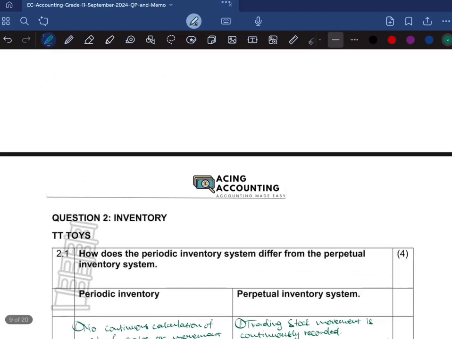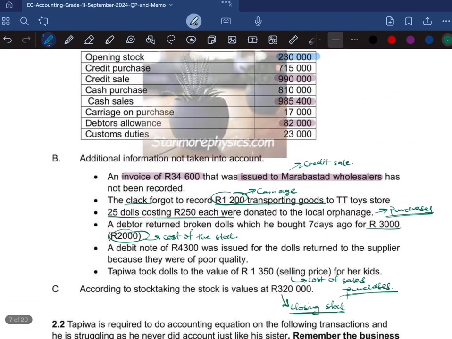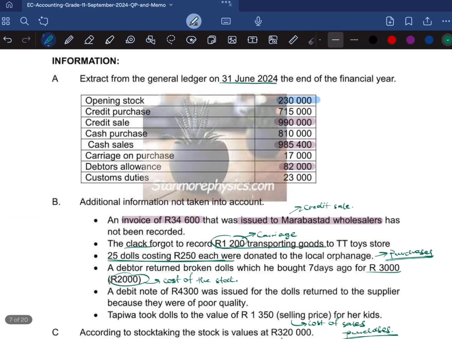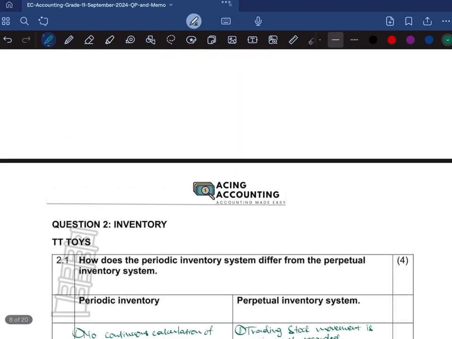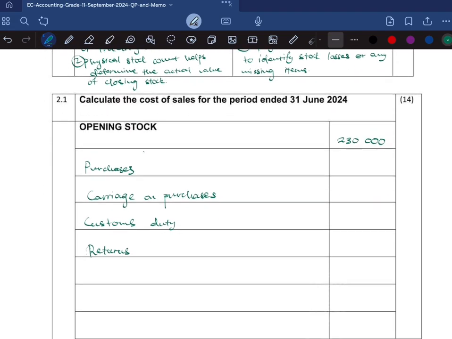So for our purchases, we have this first amount, we have our credit purchases, and then we have our cash purchases. So we have 715 plus 810. Those are given, so we have 715 plus 810,000. All right.